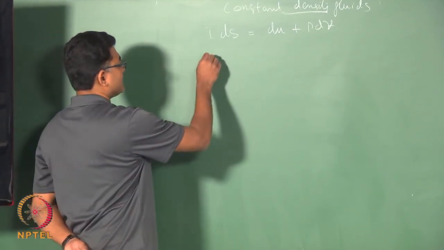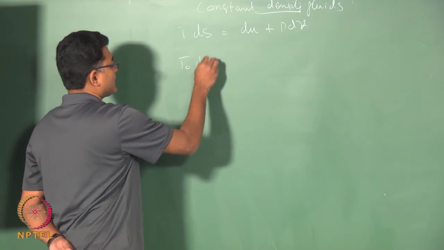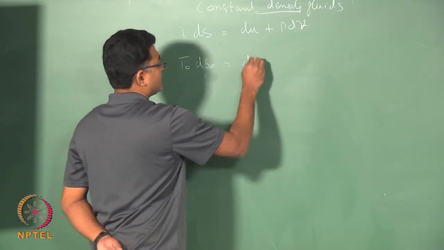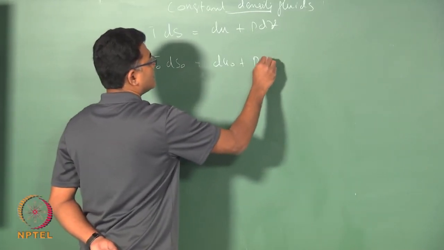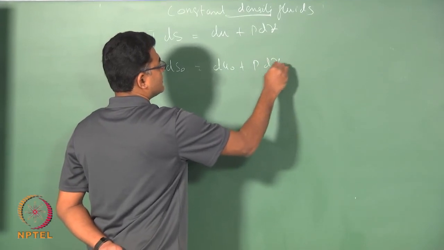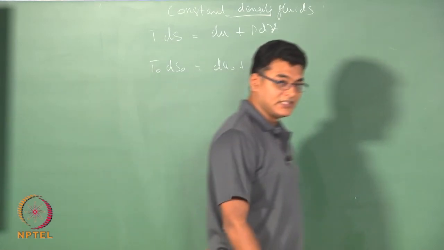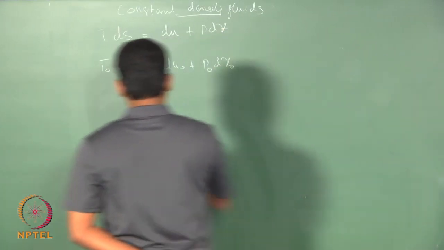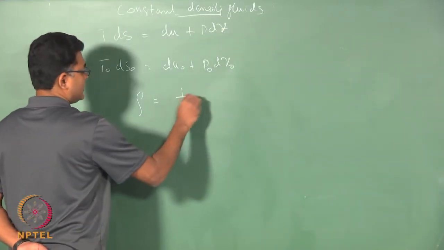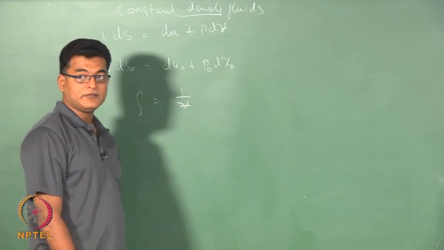So, if we are going to deal with the stagnation quantities, we write this. If it is a constant density, density is the inverse of your specific volume.